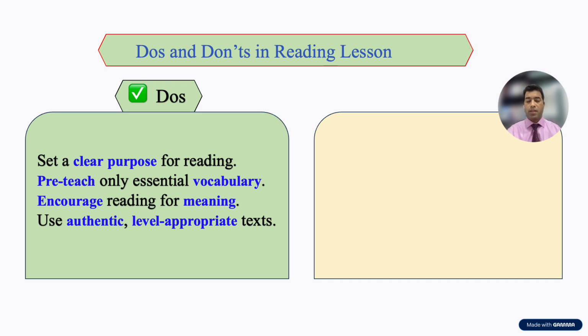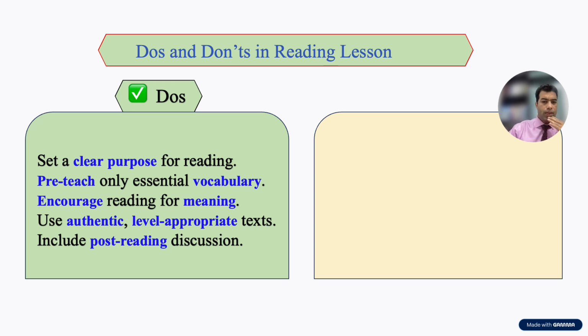It doesn't have to have all the features. Level appropriate means if we are teaching students, for example A1, A2, beginner, elementary, intermediate, choose text according to their level. Include post reading discussion, this one is important, because if we don't add post reading or discussion, students may not reflect on what they learned, they cannot use it.